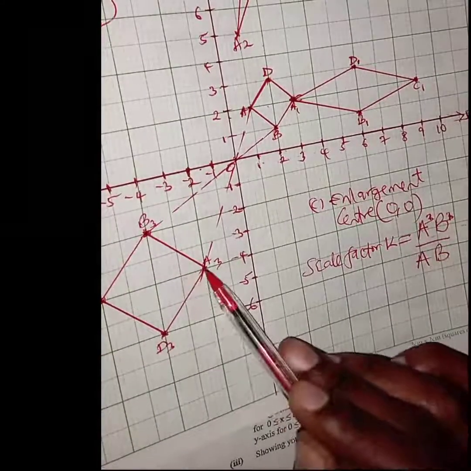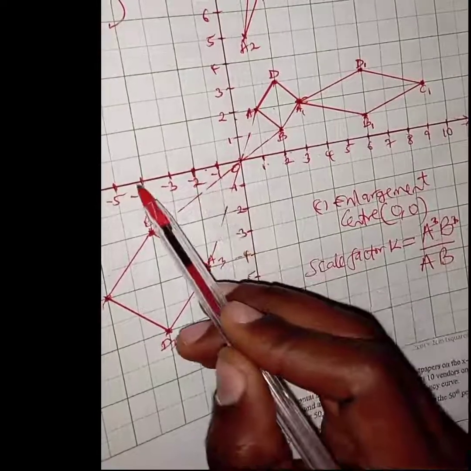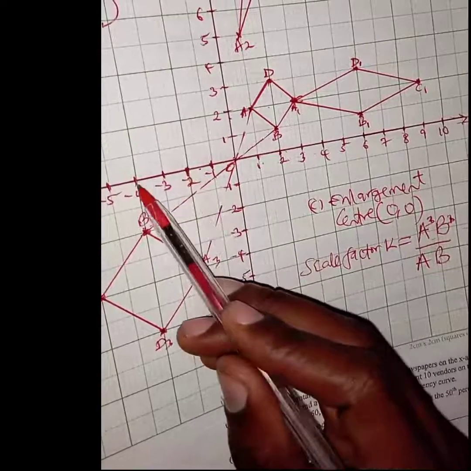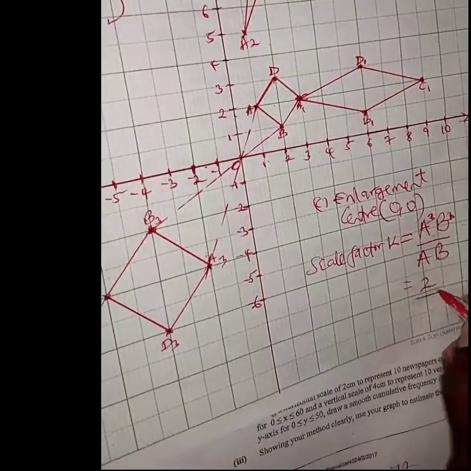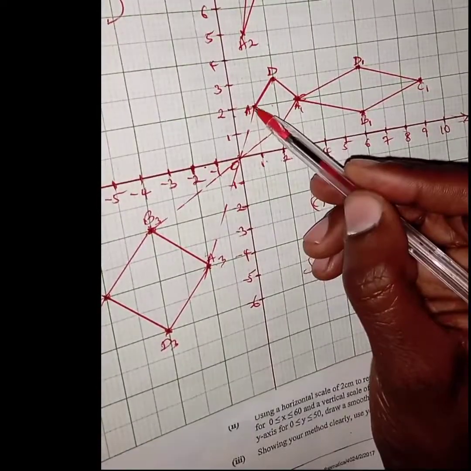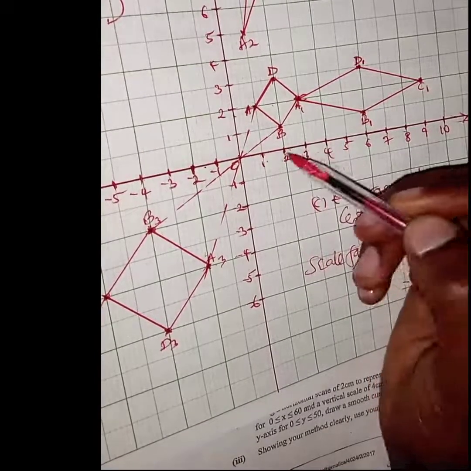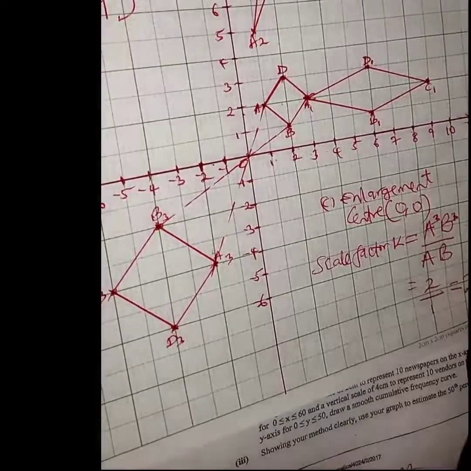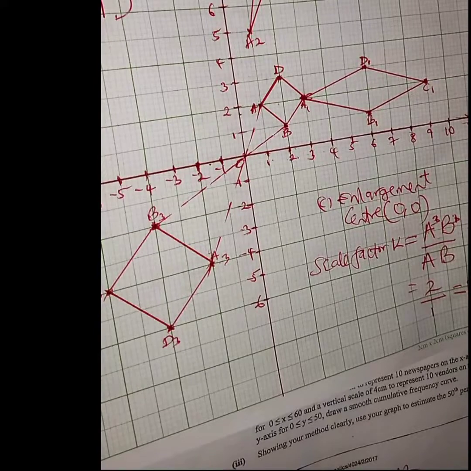From A to B image, from here to B, how many units are in between? We have 1, 2. So you write 2 over, you go to each object, from here to here. How many units were there? Look at 1 here, here 2. So 2 minus 1 is 1. So the answer is 2.